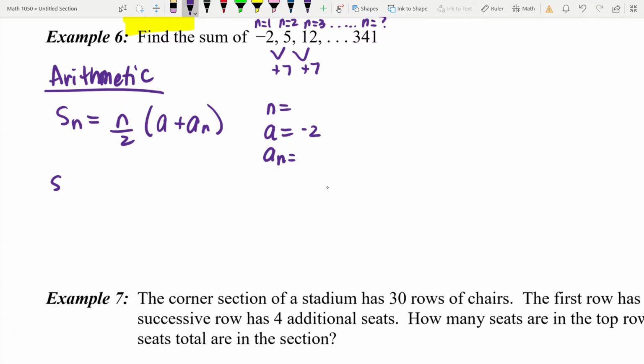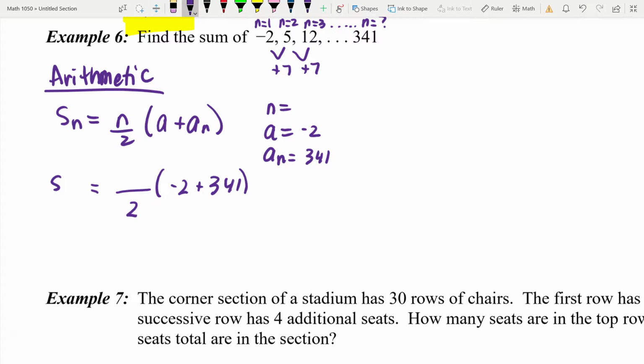So my last term is 341, right? Yeah. I can't find the sum unless I know n. So the sum of the first, I don't know, is equal to, I don't know, divided by 2. First term is a negative 2, plus the last term is 341. Okay? How am I going to figure out n? Tell me.